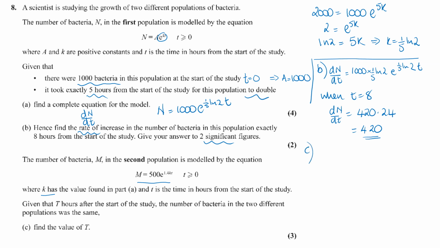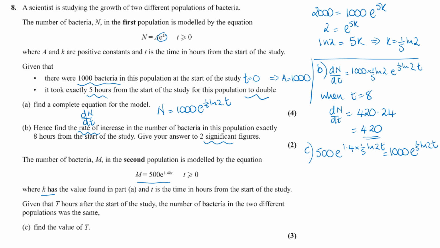So we just need to equate both of the models because at the same time they have the same amount of bacteria, and our model M is 500 e to the 1.4 times 1/5 ln of 2 t, and that's equal to the first model, 1000 e to the 1/5 ln of 2 t.